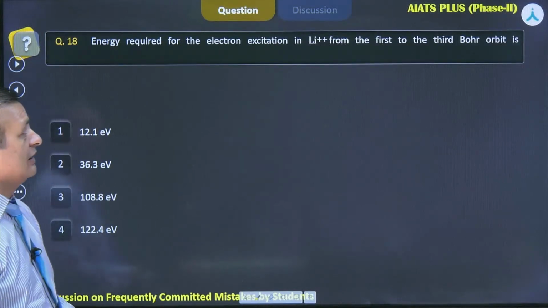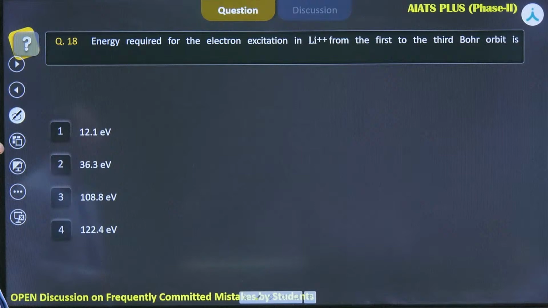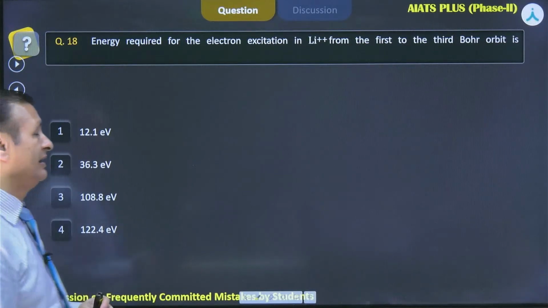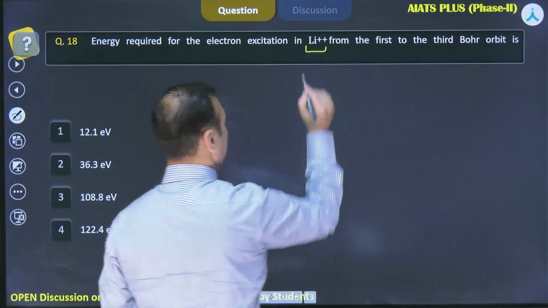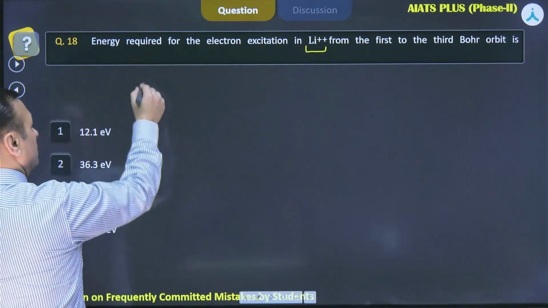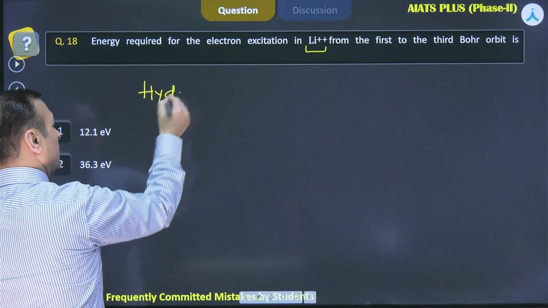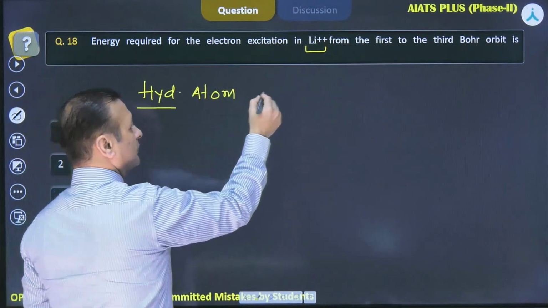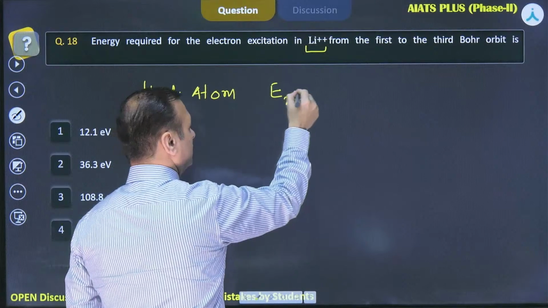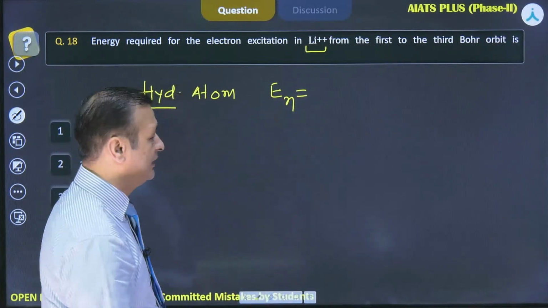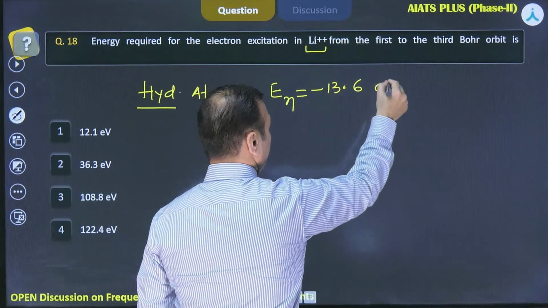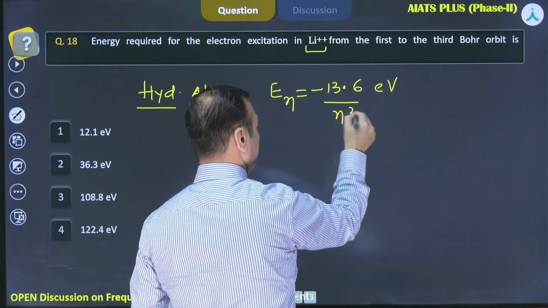Energy required for the electron excitation in lithium plus plus from the first to the third Bohr orbit. Lithium plus plus. So first, the hydrogen atom. The expression for the energy level of the nth orbit is minus 13.6 electron volt by n square.